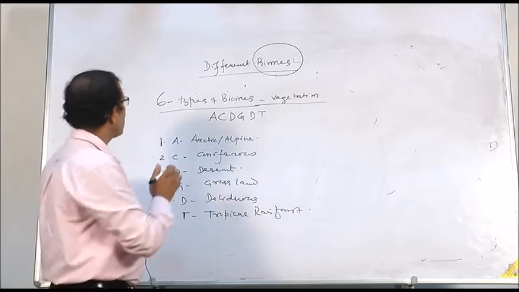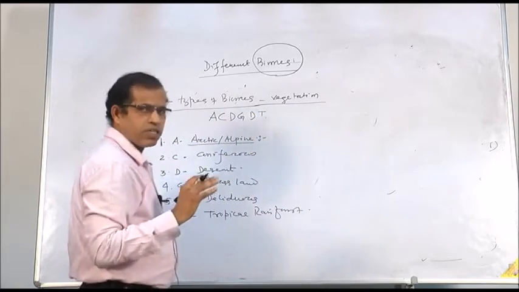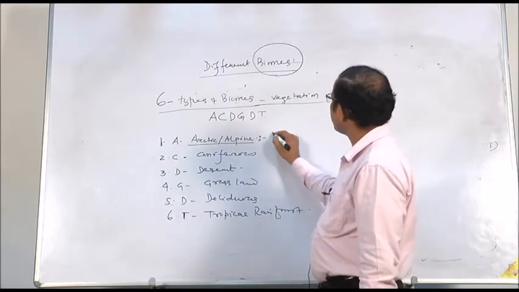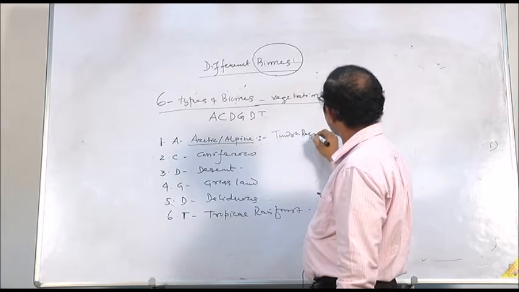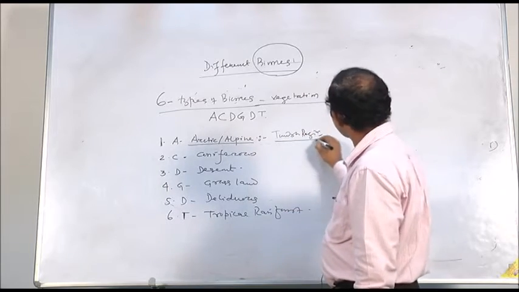Let us talk about the Arctic or alpine. Another name we call it is the tundra region, tundra forest, tundra vegetation.